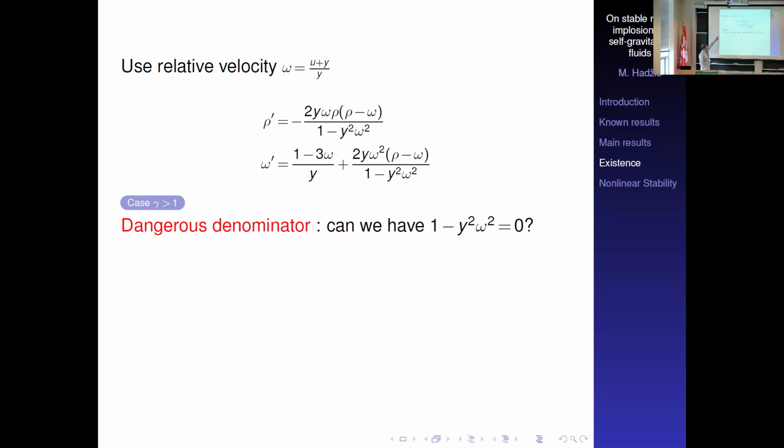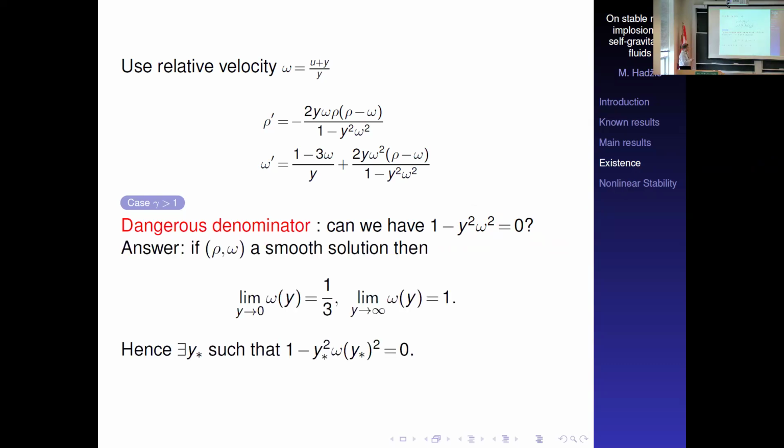There is a hyperlink to the case gamma equal 1, but trust me, you don't want to see it. So you can do something very simple. You can Taylor expand at 0 and at infinity. If you have a smooth solution to this, omega, just by requirement of regularity, has to be 1/3 at the origin.